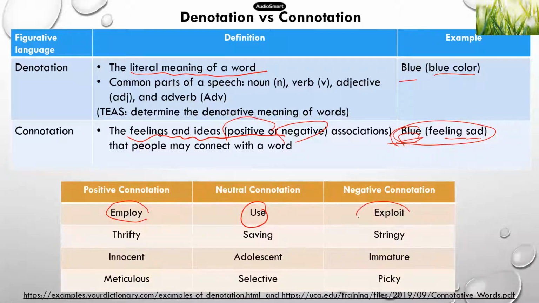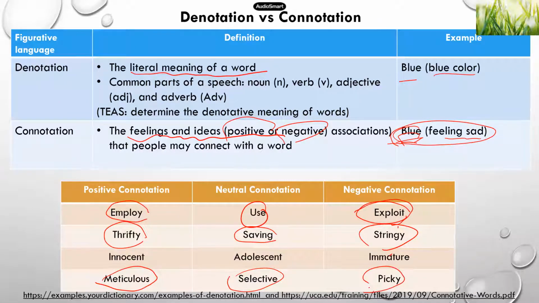But if I say exploit, that usually has a negative connotation. Saving, neutral. Thrifty, that's positive. But stingy, that's negative. Somebody is really cheap. The last one, selective, that's neutral. Meticulous, that's very positive. But picky, that has a negative connotation.